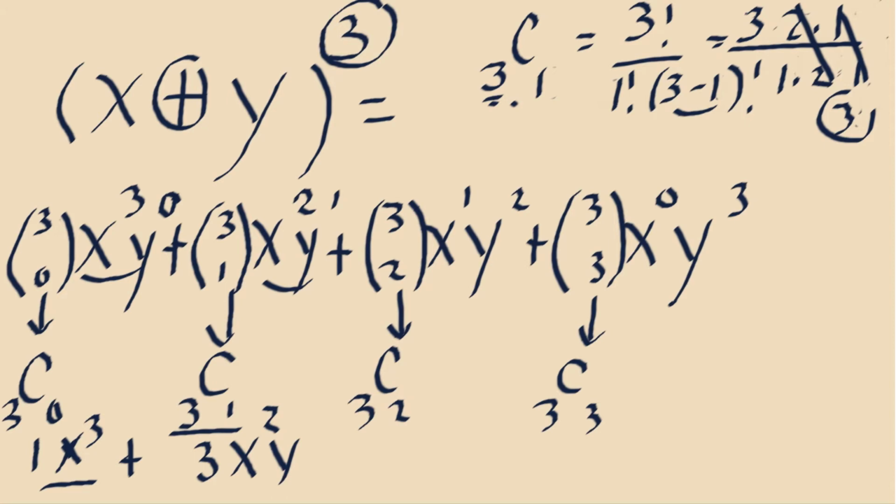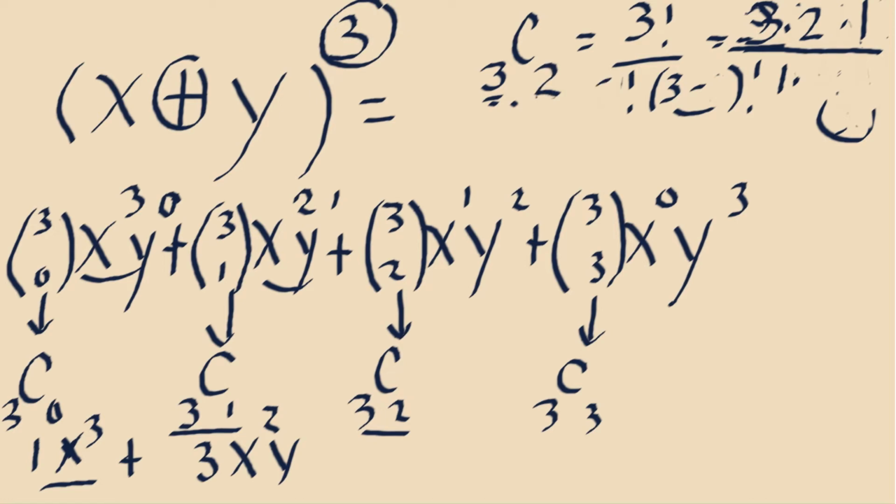What is combination of 3 taken 2? Let's erase this one here. So combination of 3 taken 2 is going to be 3 factorial, which is 3 times 2 times 1, over, this is a 2 now, so over 2 factorial, which is 2 times 1.